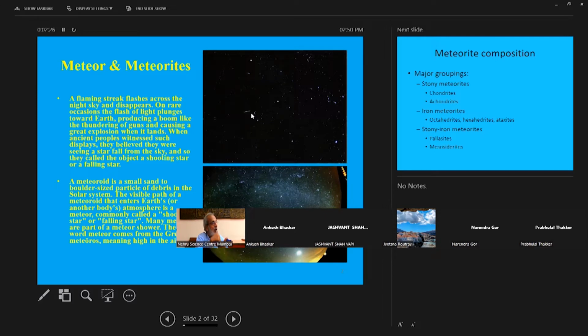And our people also got recommendation, or rather their observation was accepted by the International Meteor Organization, which is called IMO. And they used to certify them as a coded observer. So they used to give a code number to that observer. So that even today one can do it. It's not difficult. All you need is good eyesight and a star chart.